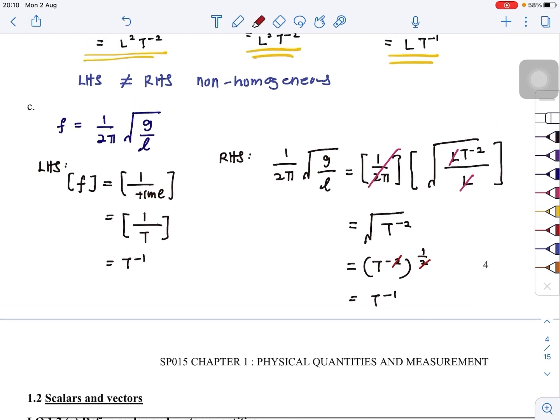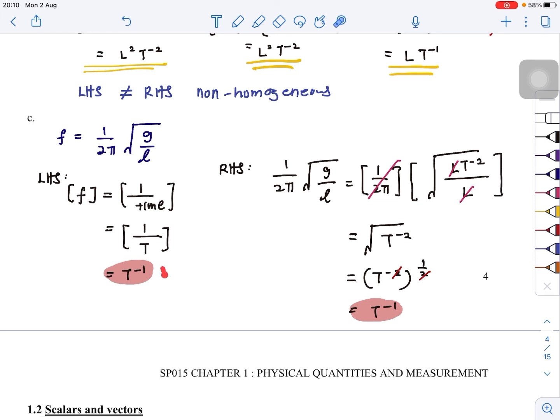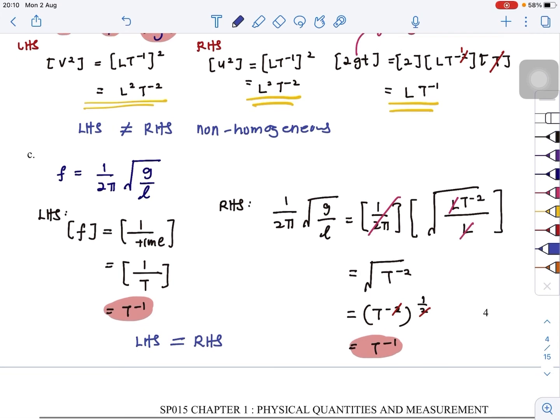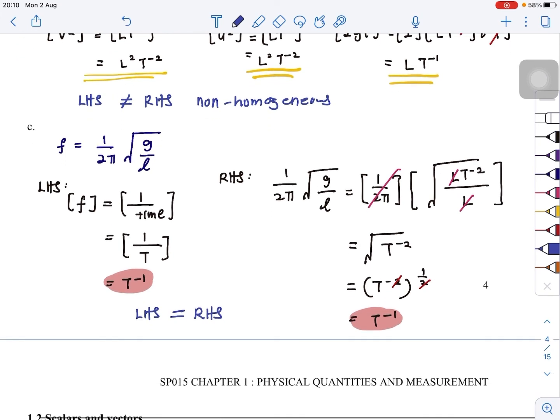So we compare now. This is the left hand side, this is the right hand side. So as you can see here, dimension adalah sama. So left hand side is equal to right hand side, meaning that the equation is homogeneous.